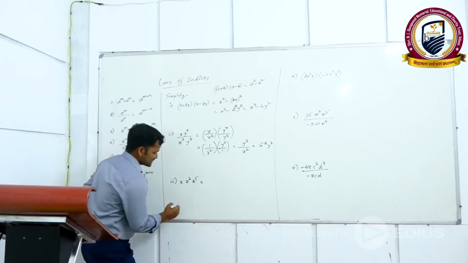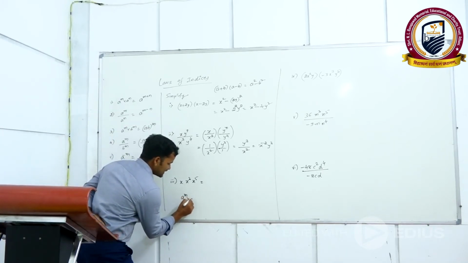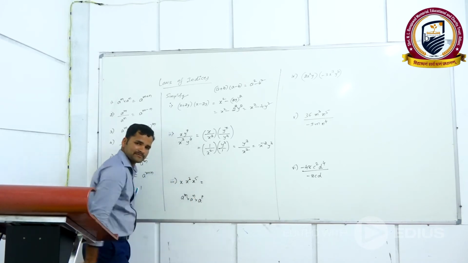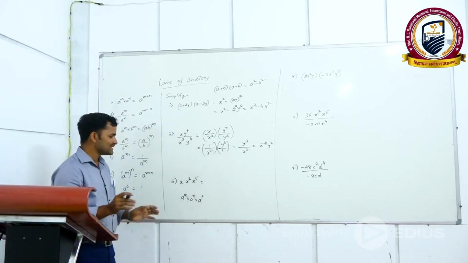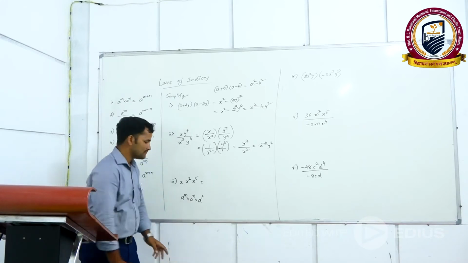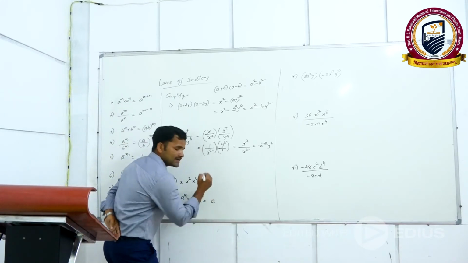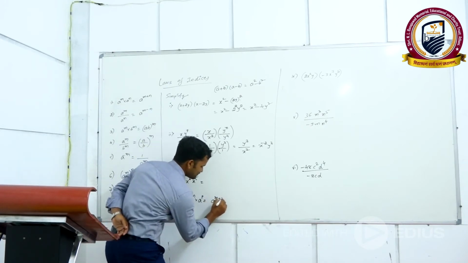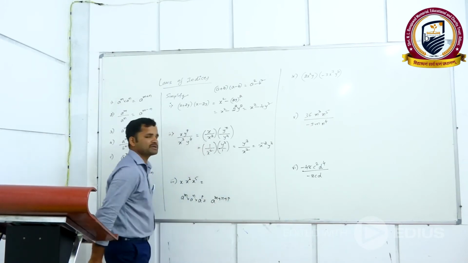This law: a raised to m into a raised to n. Suppose I have a raised to p again. How does this work? The same way, bases are the same, so a to the power of, add all the exponents, that is nothing but a to the power of m plus n plus p.